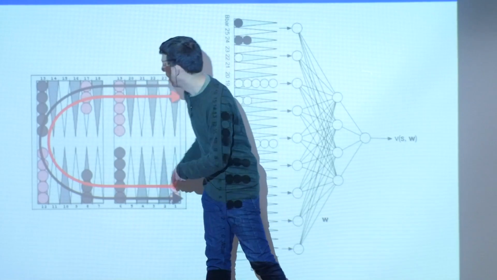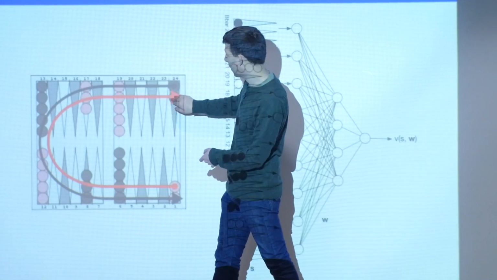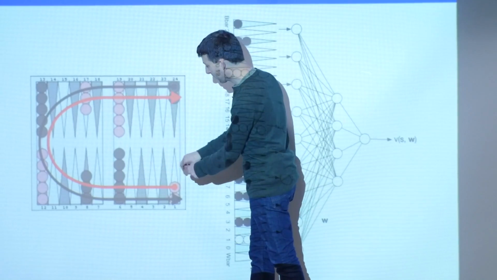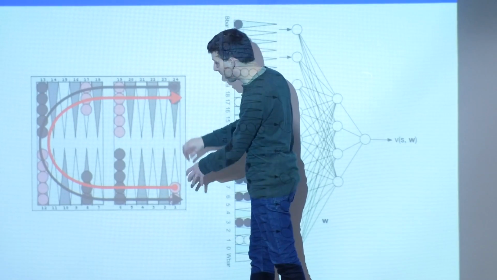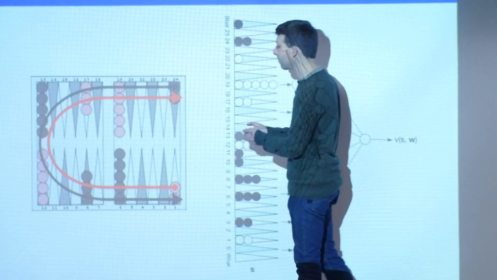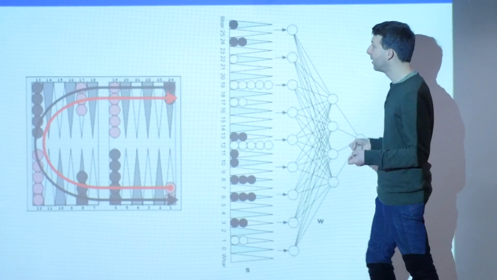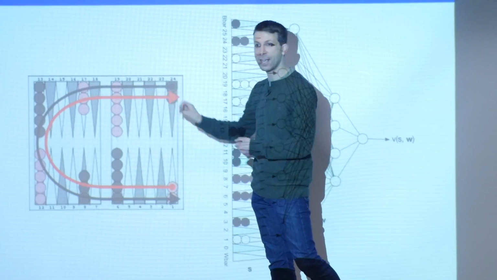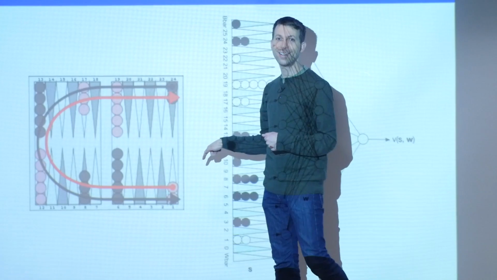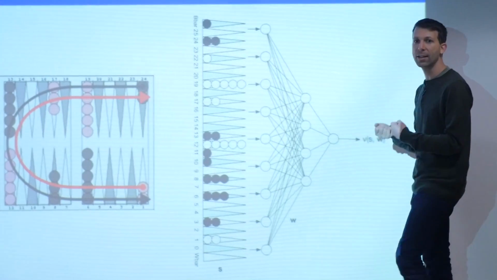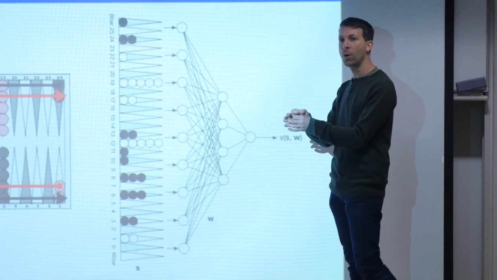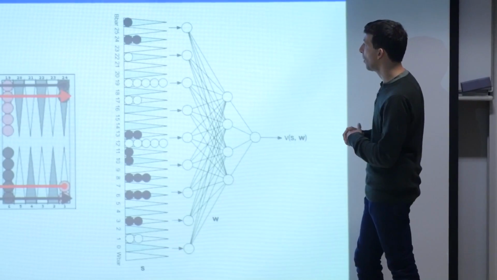There are 2 dice, and you move your checkers around this way for red here, and this way for black, and eventually you've got to take all of your checkers out of play, and the first player to do that wins. It's kind of like a race, except that you can land on the other player. If a player has a single checker, you can land on it and capture it, and it's sent back to the beginning again. So it's a race with those interactions where you can capture each other, and you can block each other if you have two or more checkers on the same point.